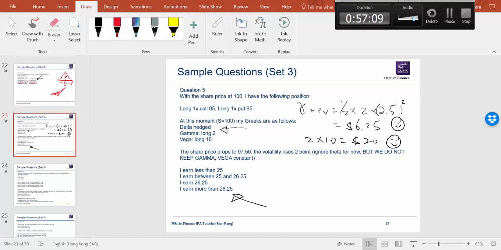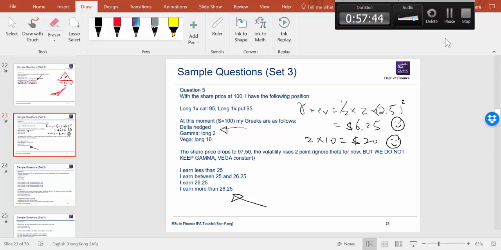But the volatility rises, so the gamma should be dropping according to the volatility. So we cannot judge whether the gamma will rise or drop. No, I think you can make the assumption, at least for the purpose of this question, that when you get closer to the money, gamma is going up.